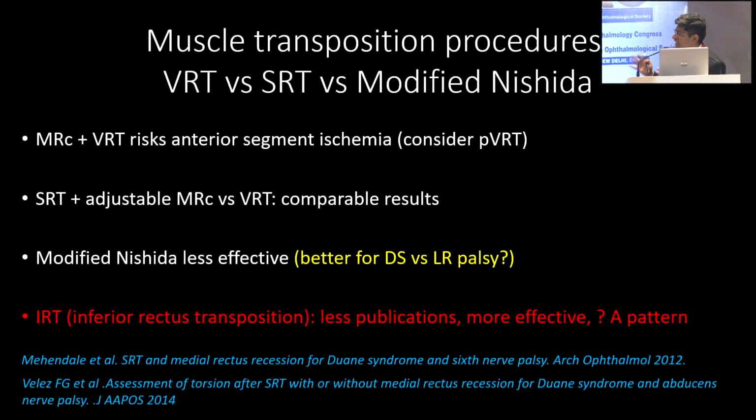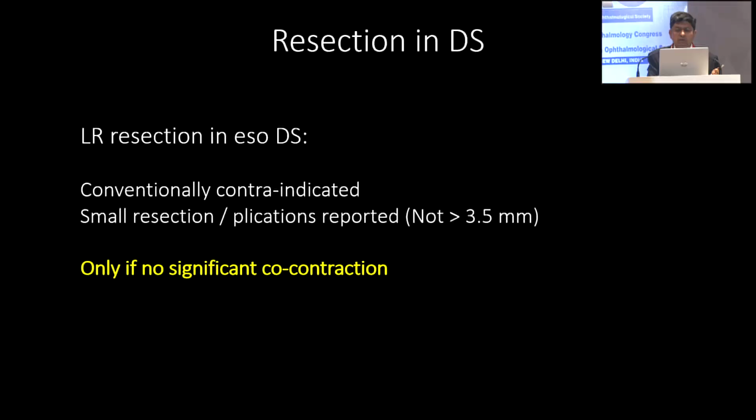We have different experiences with that, but of course, we find modified Nishida to be a little less effective than the full muscle transposition. So maybe it's better for Duane's only rather than 6th nerve palsies, where we need to correct a larger deviation. I think we're still looking at the effects of these muscle procedures to know more.